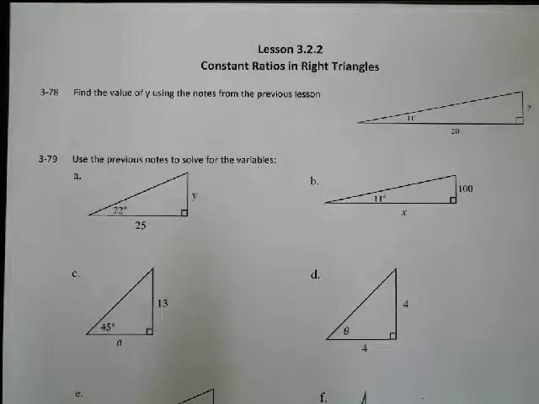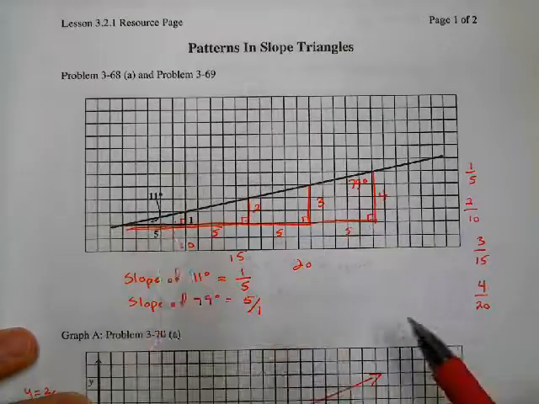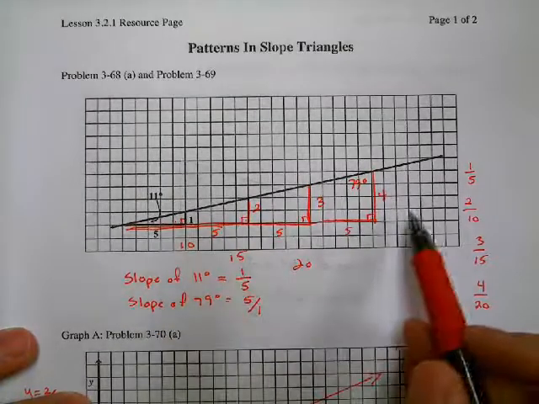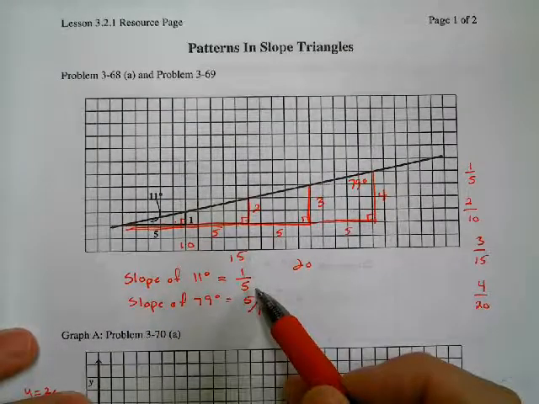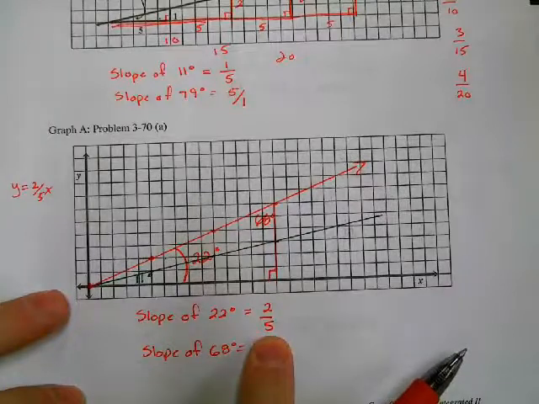So on this one, we're going to look at what we were doing in the last lesson, where we were noticing some ratios with the slopes, and we're going to expand that. In the last lesson, we were doing this page here, and we noticed that when we had an 11-degree angle, it looked like we had a constant slope ratio of 1/5. And we saw when we had a 22-degree angle, it looked like a slope ratio of about 2/5.